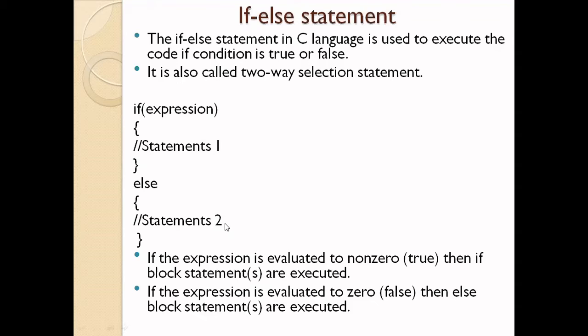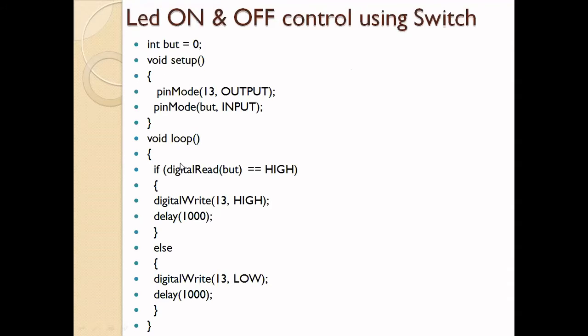That is called the if else statement. This is called a two-way selection statement. You are given the condition. If the condition is true, it will execute statement 1, and if it is false, it will execute statement 2. True means 1 and false means 0.